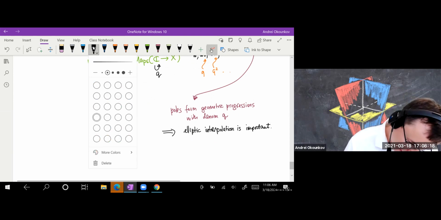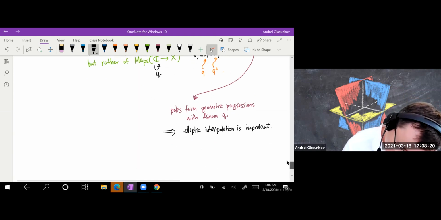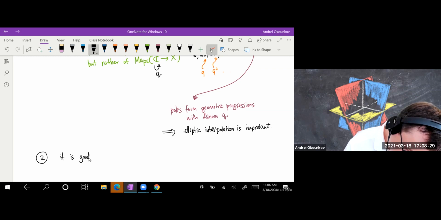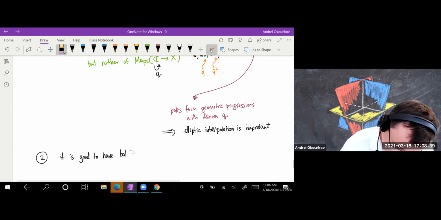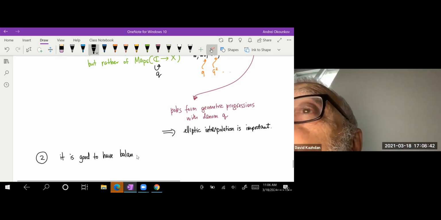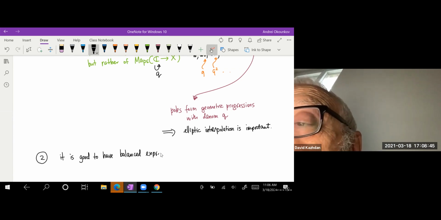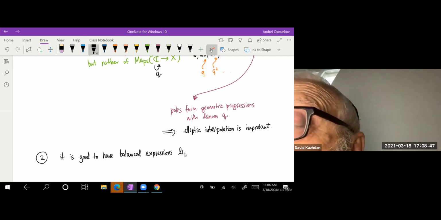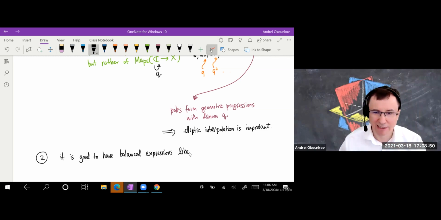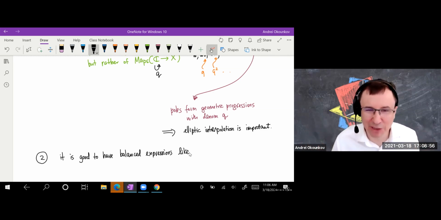And then the second point about this formula: it is always good to have a balanced expression. What is balanced? I'll explain. It means the gamma function is a big function, both big in terms of its formula and also in terms of its values.